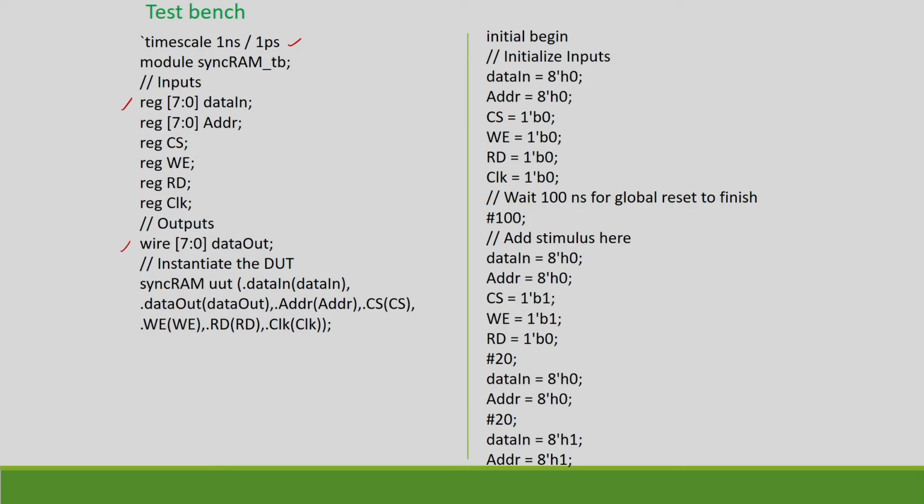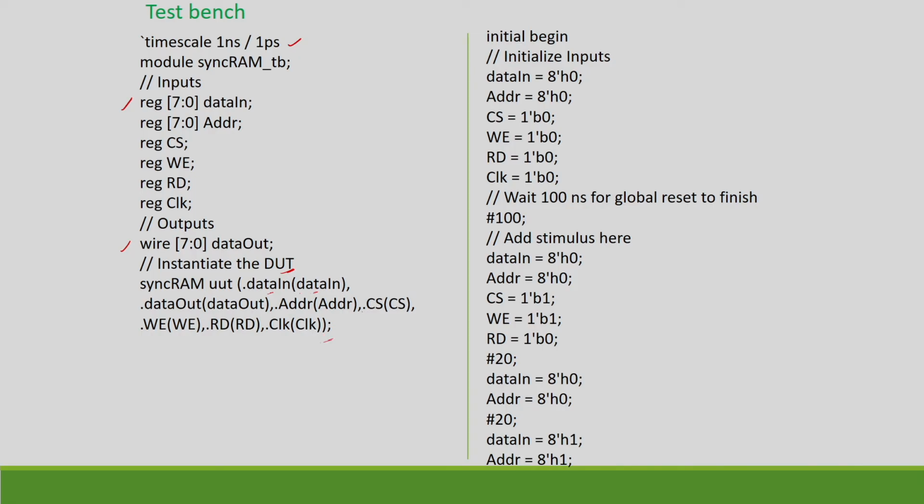After initialization, the next step is to instantiate the design under test. Here I am using the same names, though we can use different names also, as discussed in the previous lecture with an example. So, I have used the same names, dot followed by CS and then CS. This gives the connections between the test bench and the design under test.